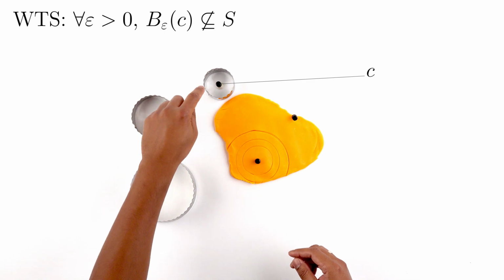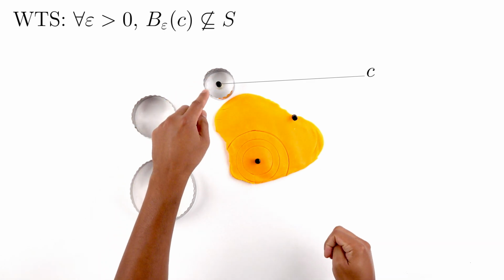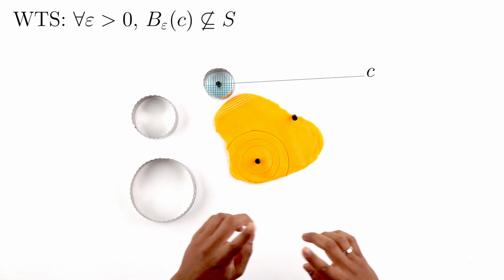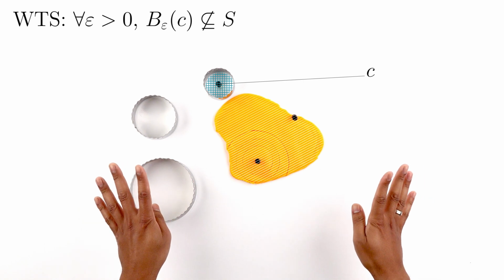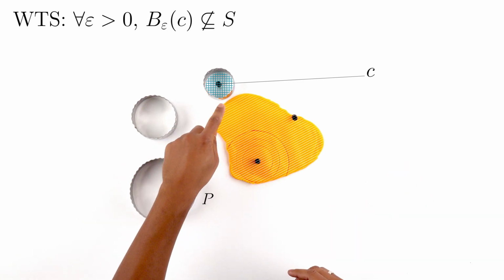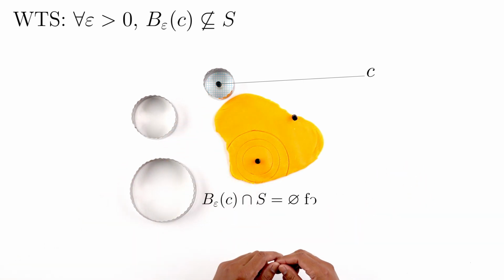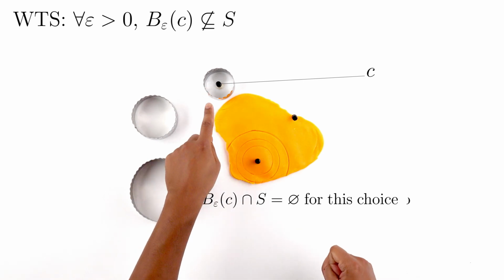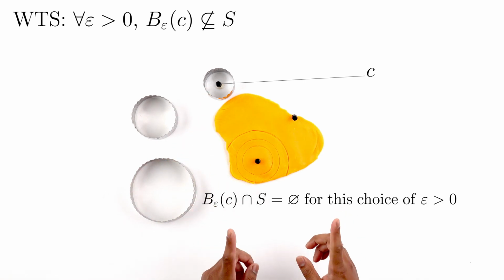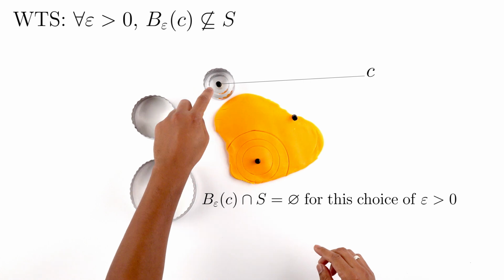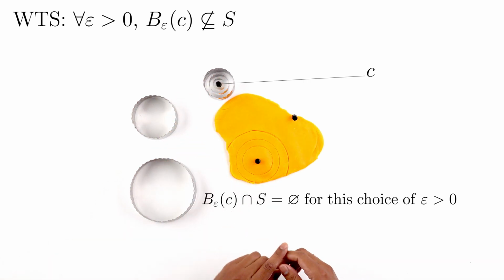So you can see that when I look inside, we've zoomed in so close that there's actually no mango inside at all. In other words, the epsilon ball centered at C intersected with S is empty. This observation means that every smaller open ball will always have empty intersection with S.